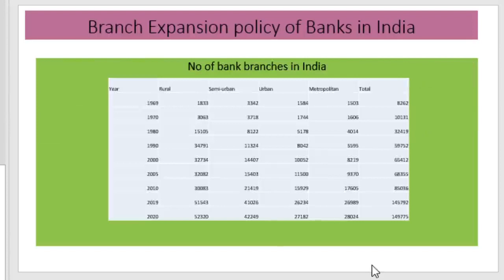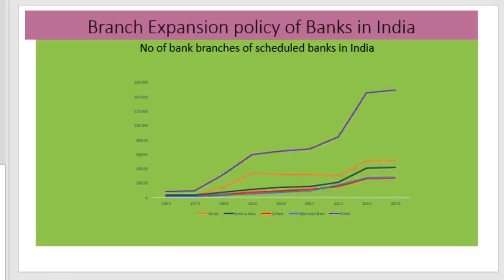The increase in the number of branches in rural, semi-urban, urban, and metropolitan areas, and the total all over the country is given here. The number of branches increased from 8,262 in 1969 to 1,49,775 in 2020. This increase we can see in all areas.